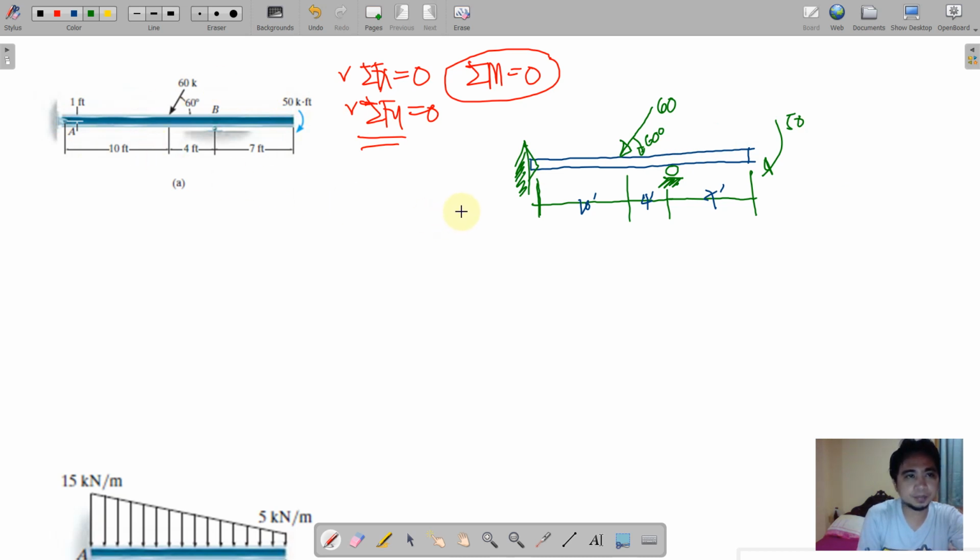So the next step is to remove the support members from the structural member. So tanggalin mo lahat ng reaction at palitan mo ng equivalent force. Okay? So perhaps we can place that lagay natin dito mas mababa.